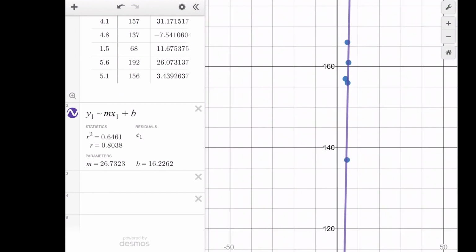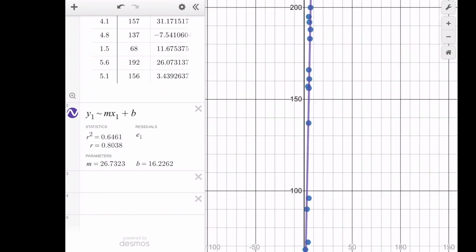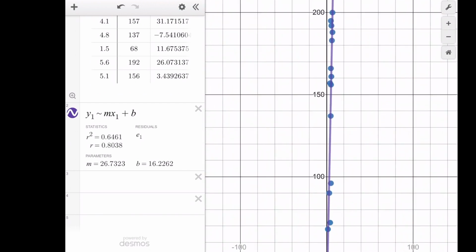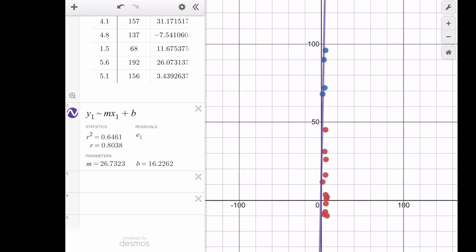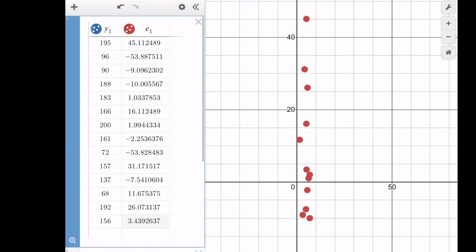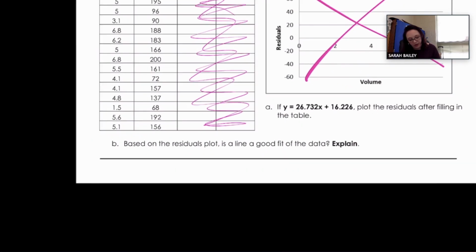You can see that that line does go with the data, but it looks like it's going to be more exponential, right? So the red dots that we're looking at, remember that they're the ones that we're using to determine the fit, okay? So based on the residual plot, is a line a good fit for the data?